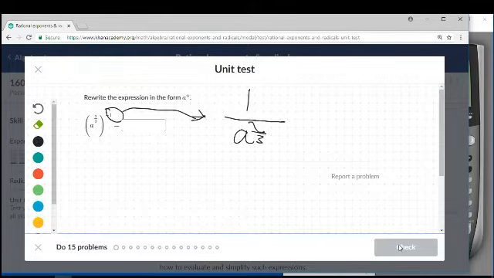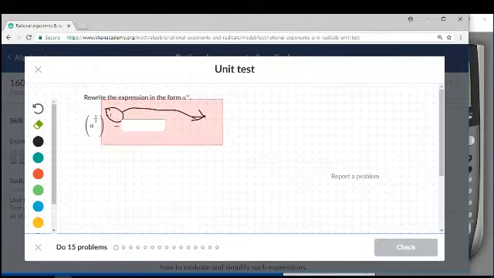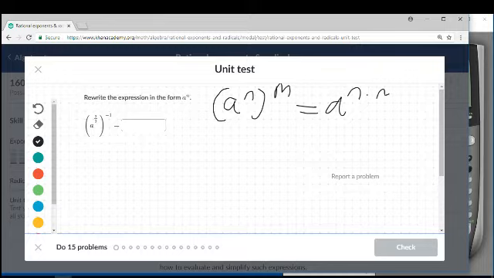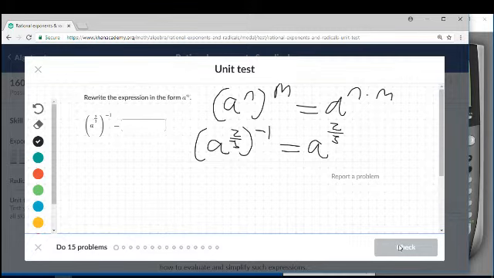So even though conceptually that's what this is equivalent to, when we're reading the question, here's the law of exponents. So we just have to know that a to the n raised to the m power is equal to a to the n times m. So that's the law of exponents. To do this problem, we have a to the 2/3 to the -1 power is equal to a to the 2/3 times -1.